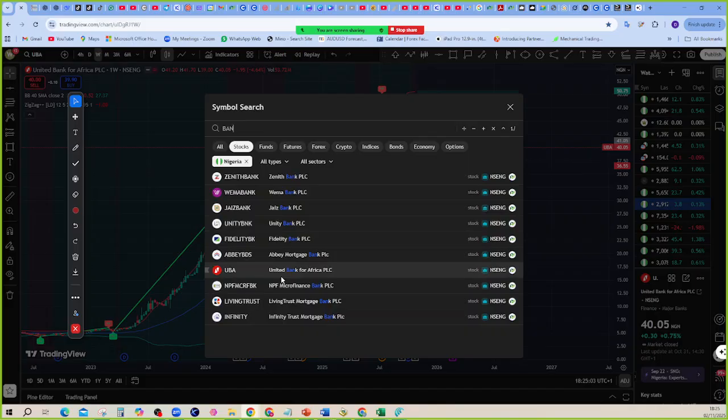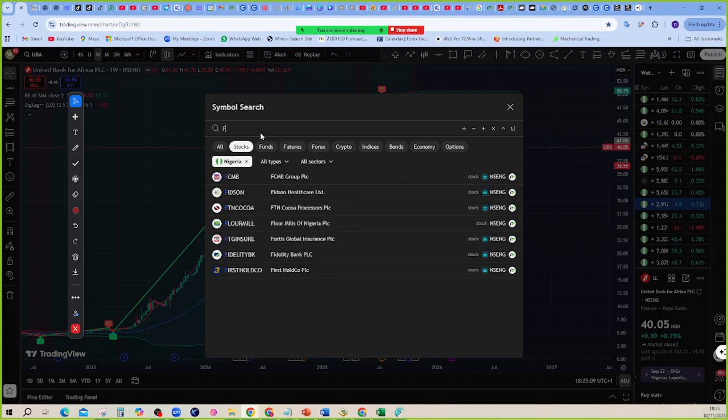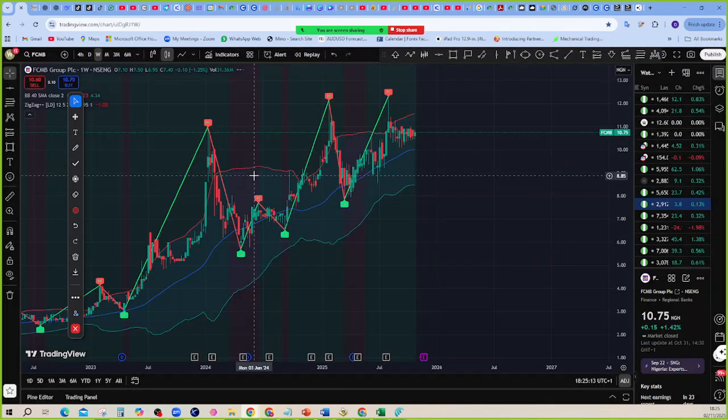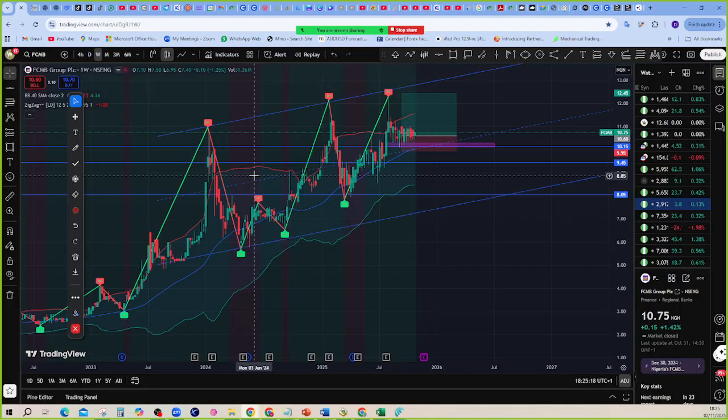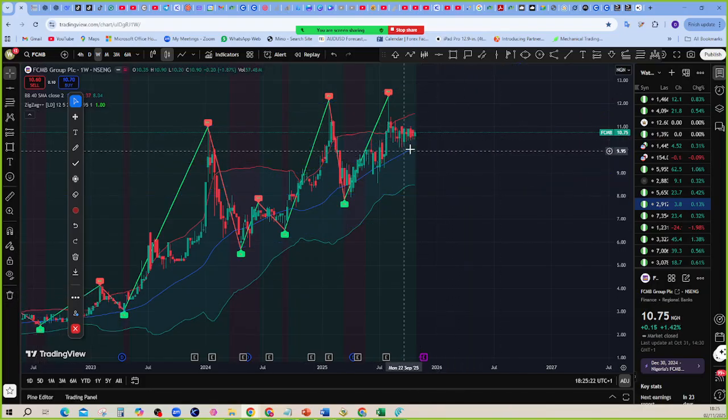I think I was looking at FCMB. FCMB also was trying to break support. So for FCMB, okay, struggling. I think it gained again, but I wish it can still come lower. You see that it's too close to the Bollinger Band. Anything outside this Bollinger Band is actually an overbought region.